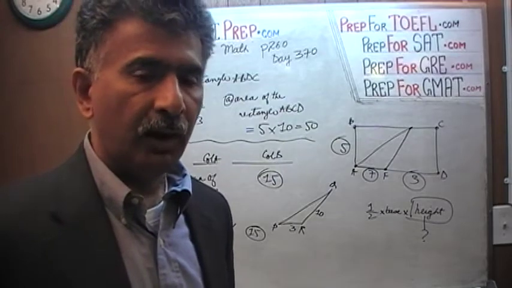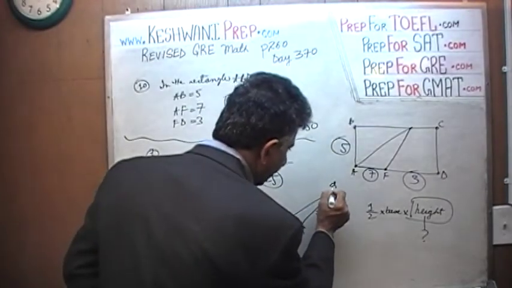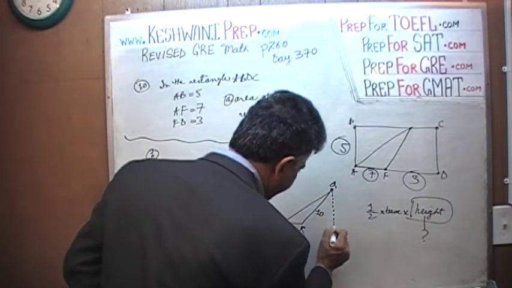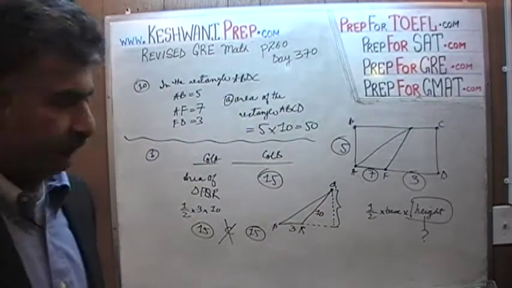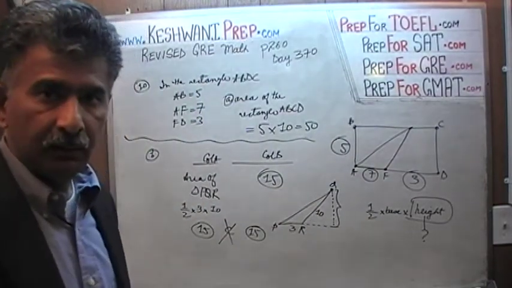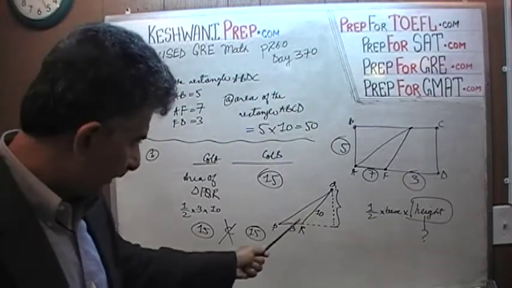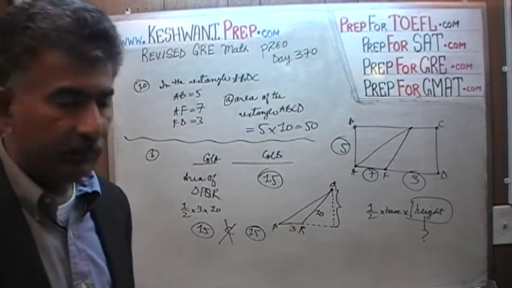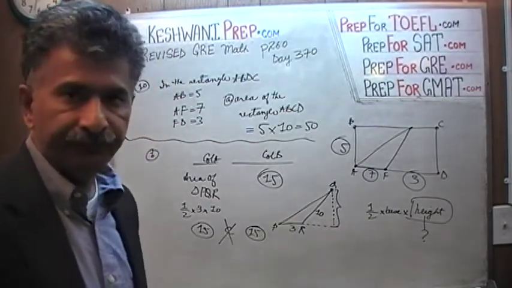And in order to figure out how high a certain picture is, we take the highest point in the picture and we ask ourselves how high is it from the base. This distance right here is the height. 10 was not the height. That is the height. And in this triangle, based on the information we're given here, there is no way for us to figure out the height. It is impossible to figure out this height here.